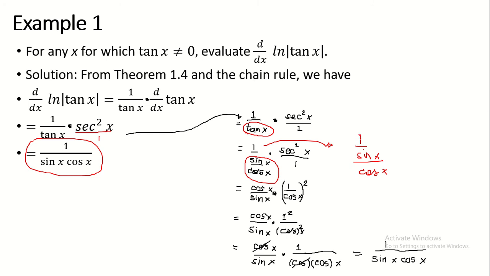Itong 1 na nandito, ang denominator niya ay 1. So, ang gagawin lang natin, multiply yung extremes divided by the means. Okay, so yung mga nasa labas or yung extremes, 1 times cosine x. Kaya meron tayong cosine x na nandito. And then, ito namang means, itong nasa loob, divided by 1 times sin x. Kaya meron tayong sin x dito sa denominator.